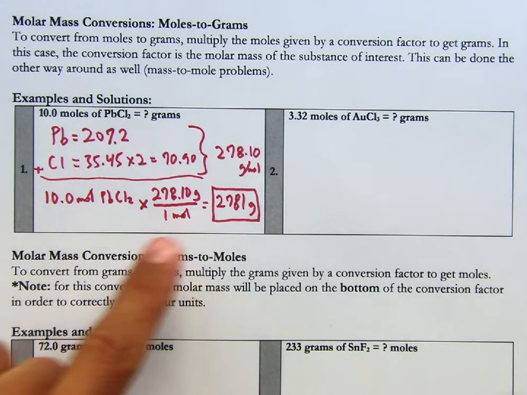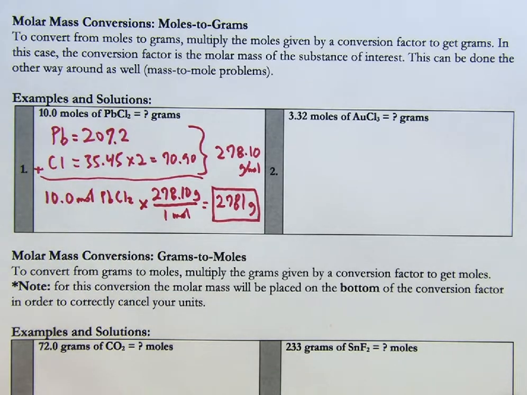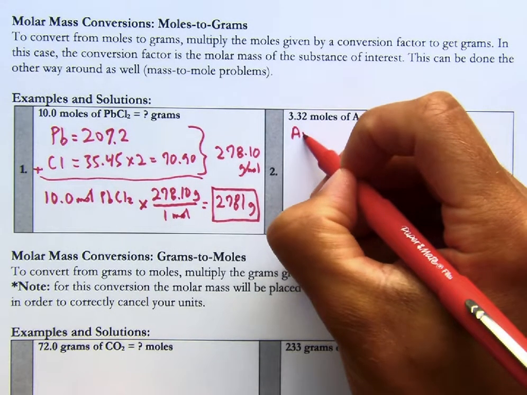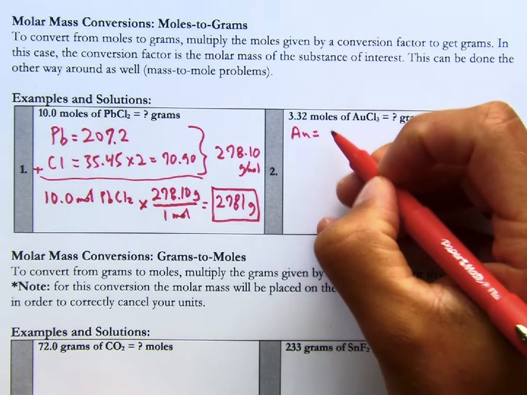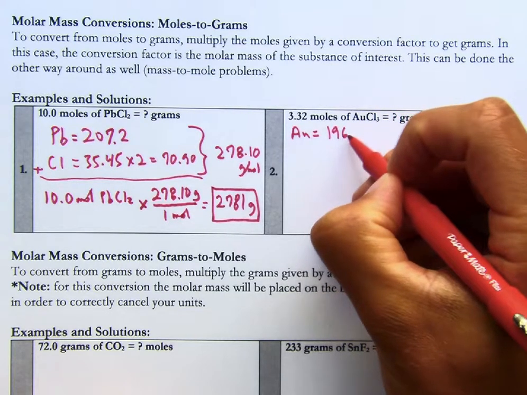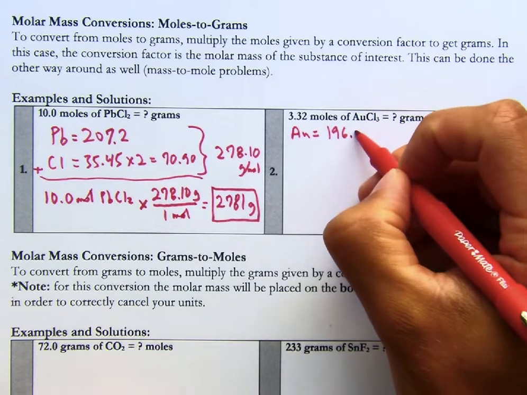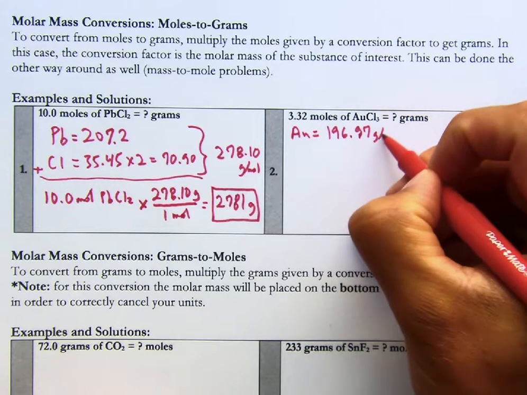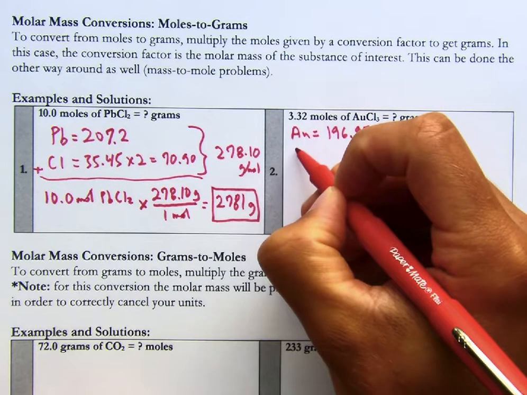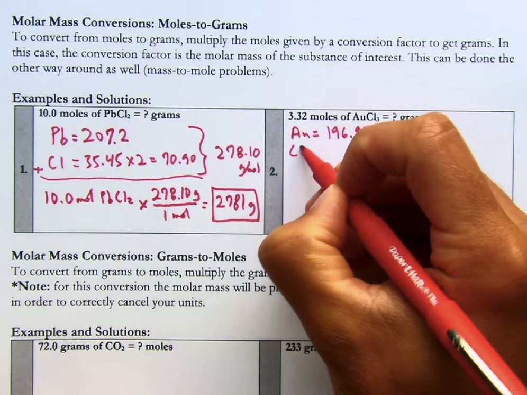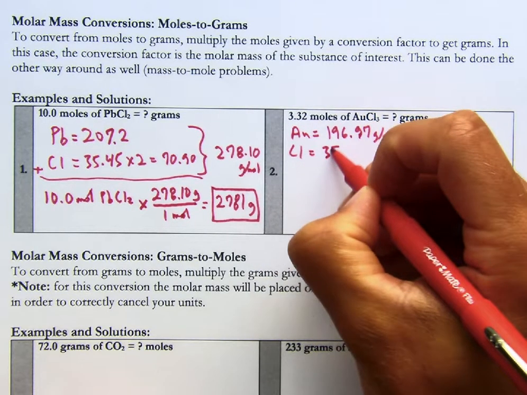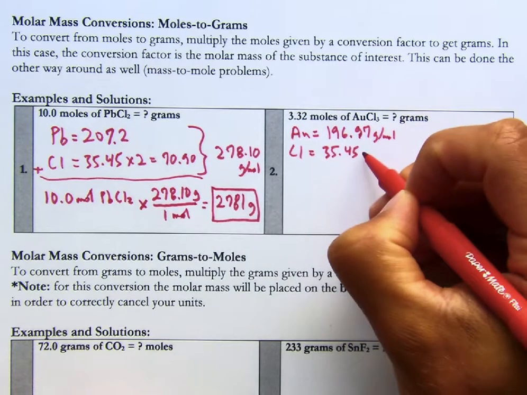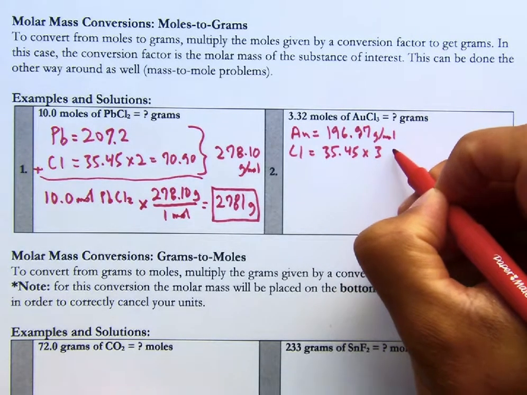So this is converting from moles to grams. Next one's going to go the same way. We have Au, which is gold, which is 196.97. You can look on the periodic table. And then we have Cl, which is 35.45. We have 3 of those, so that's going to be times 3.